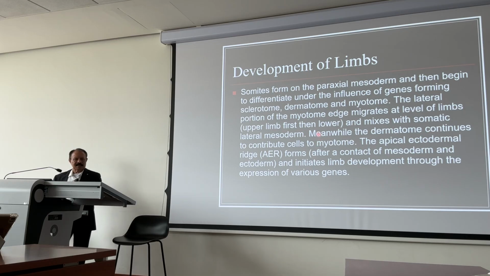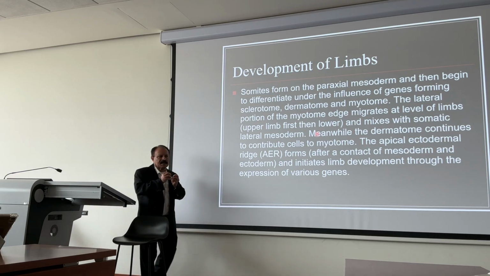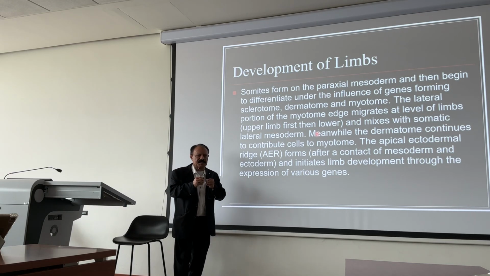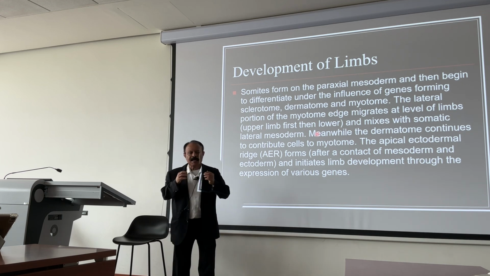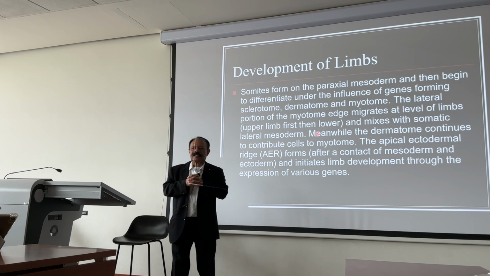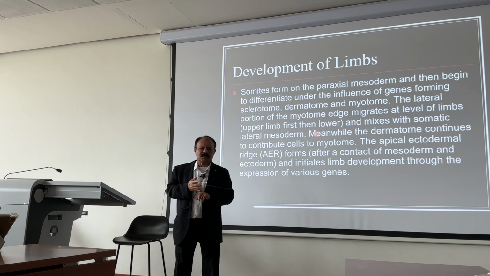Basically, what I said is there, that at the end of the day what you want is the 2 buds initiated by the apical ectodermal ridge. The ridge means swelling. When that swelling is there, it is under the influence of genetic expression, and all the genes come over there, like sonic hedgehog gene, retinoic acid, fibroblast growth factor, WNT gene.